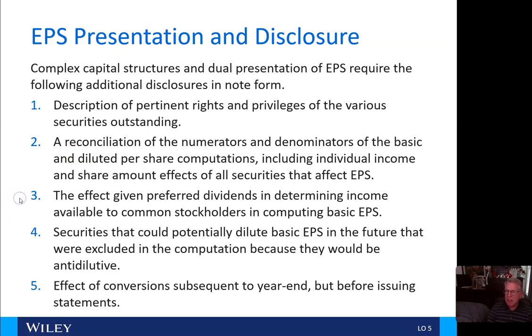Number 3, the effect given preferred dividends in determining income available to common stockholders in computing the basic earnings per share. 4, securities that could potentially dilute basic earnings per share in the future that were excluded in the computation because they would be anti-dilutive. And 5, the effects of conversions subsequent to year end, but before issuing the statements.